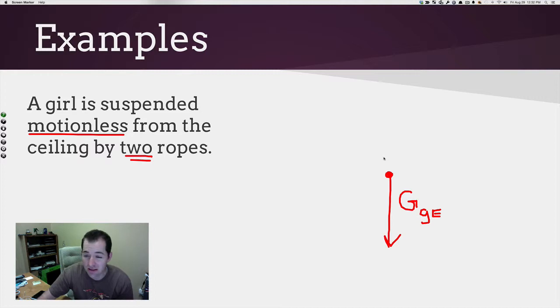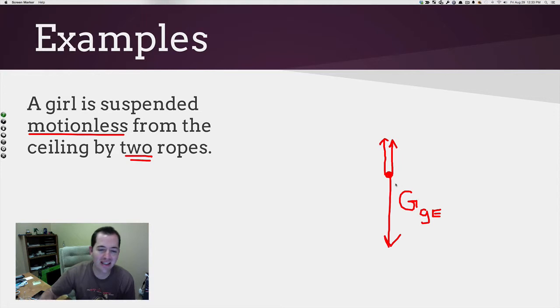So we can assume that the 2 ropes are splitting that force. So the magnitude of these upward arrows has to be half as much because we have 2 of them. So let's draw 2 arrows upward that are half the size of our downward force, our gravity or our weight, and those represent our ropes.